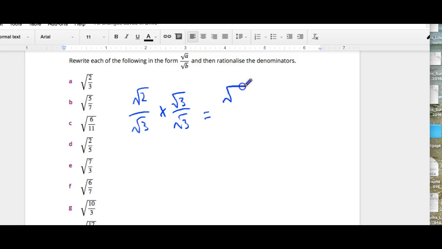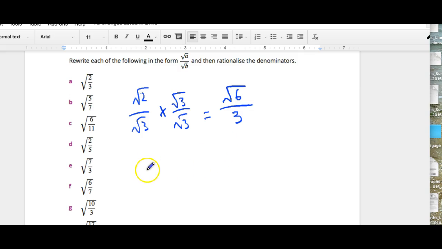When you're multiplying surds, you multiply the number inside, so 2 times 3 is 6. And then on the bottom, we are just left with 3. Now remember, this is not the square root, so you can't cancel this 6 and this 3. It just stays as the square root of 6 on 3.